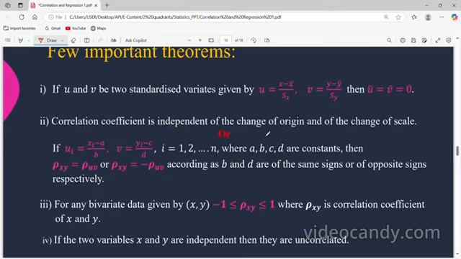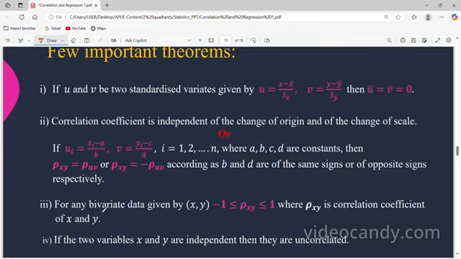Or we can write, if u equal to xi minus a by b and v equal to yi minus c by d, where i equal to 1 to n, where a, b, c, d are constants, then rho xy equal to rho uv or rho xy equal to minus rho uv, according as b and d are of the same sign or opposite signs respectively.